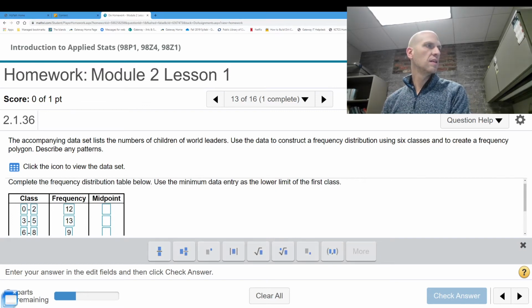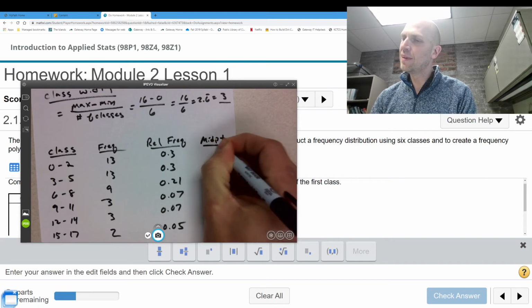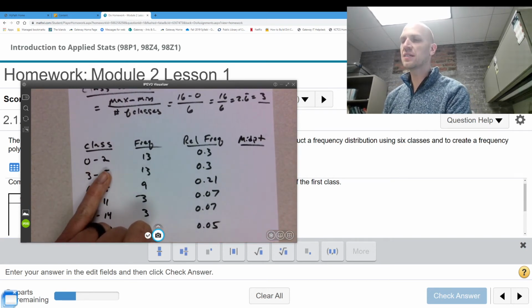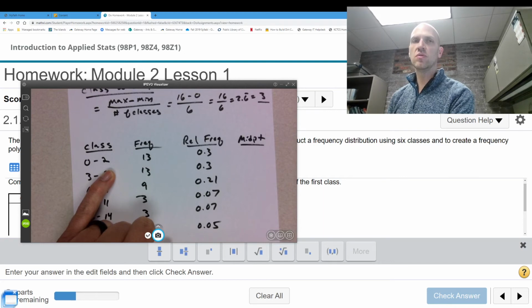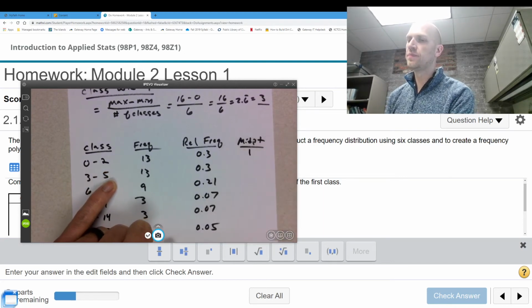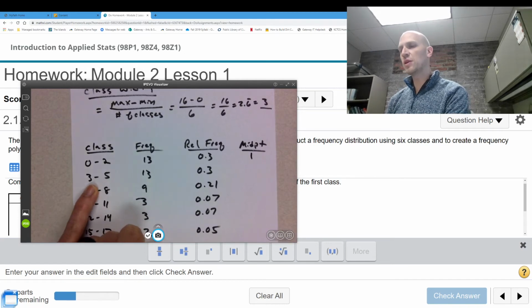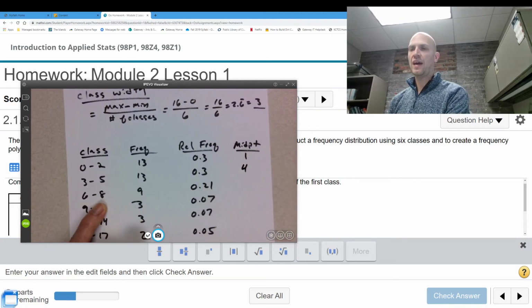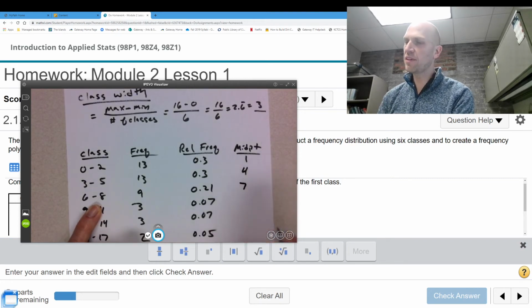The midpoint is just the average between the low end and the high end of the classes, so we add them together and divide by 2. 0 plus 2 divided by 2 is 1. 3 plus 5 is 8 divided by 2, which is 4. Add those two together, 14 divided by 2, which is 7.